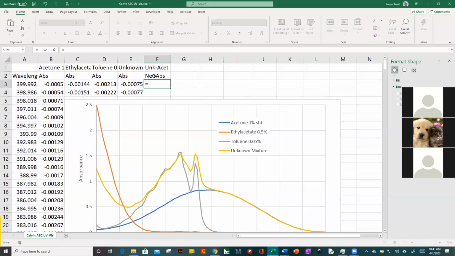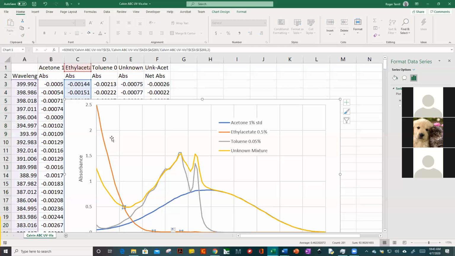So this is going to be the unknown minus acetone. Does that make sense, everybody? Yes. Excellent. Now I'm just going to sacrifice this guy for a moment. Move him over there.